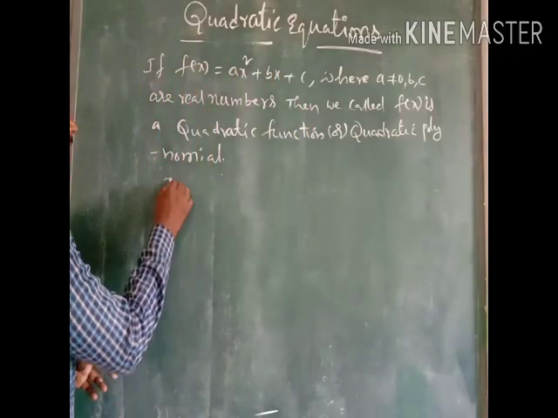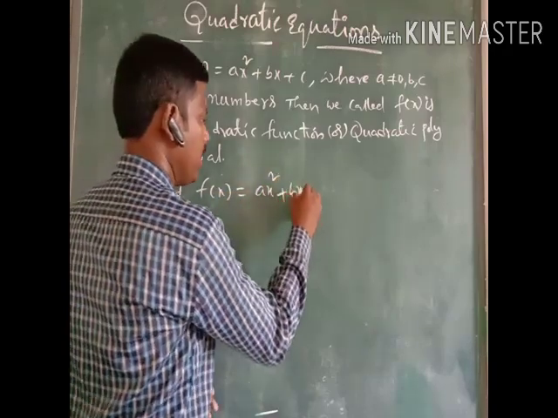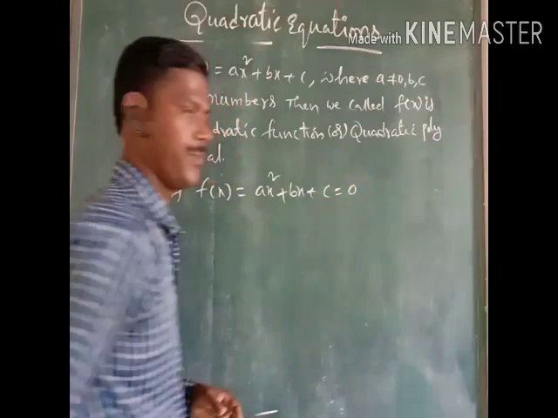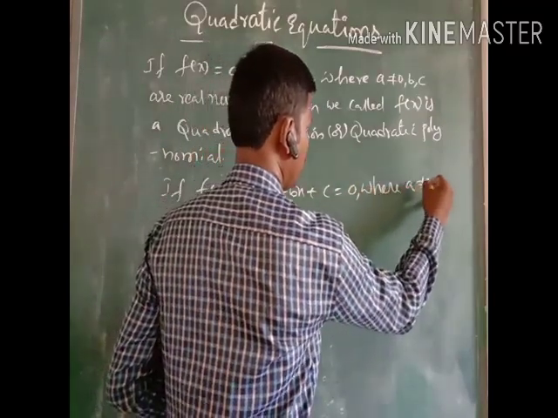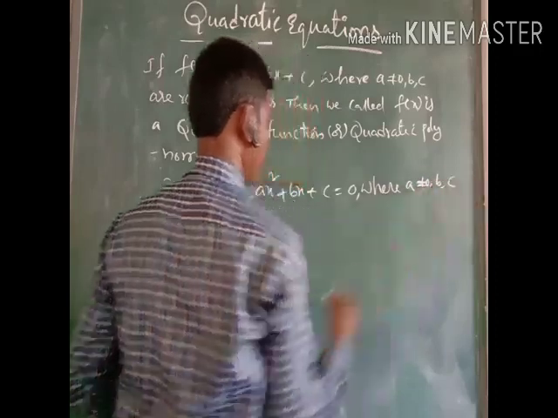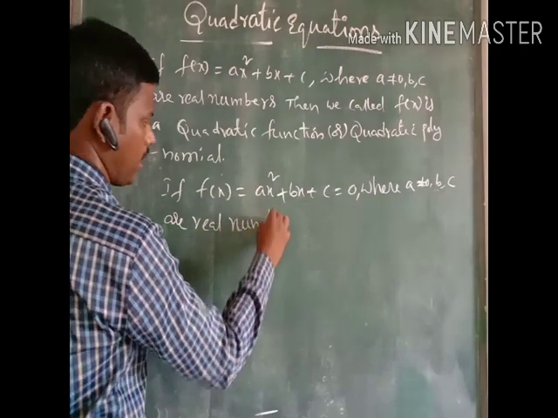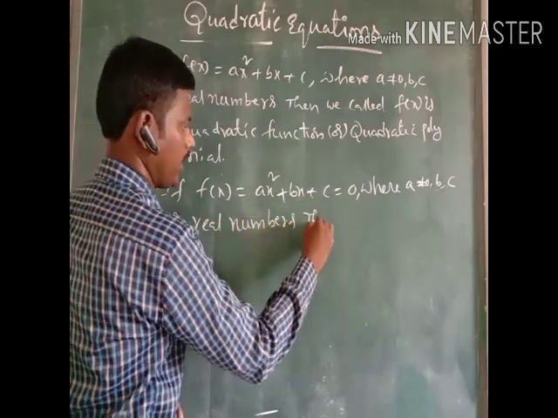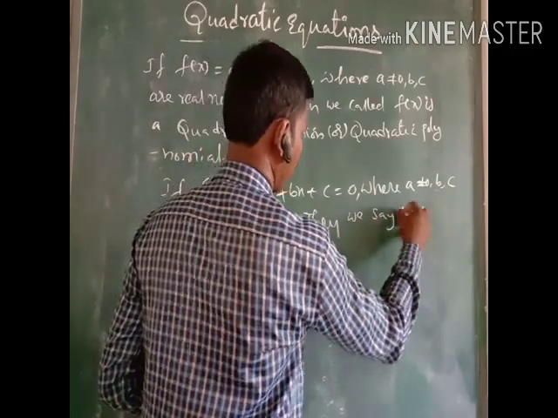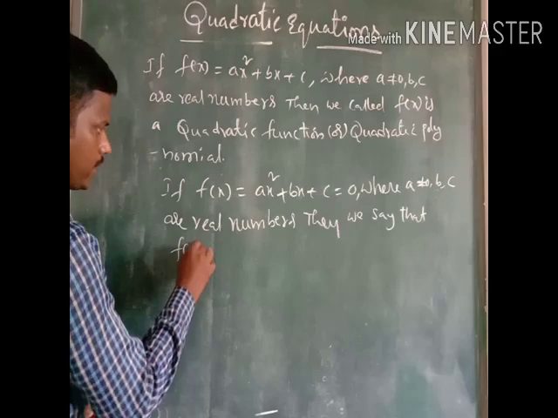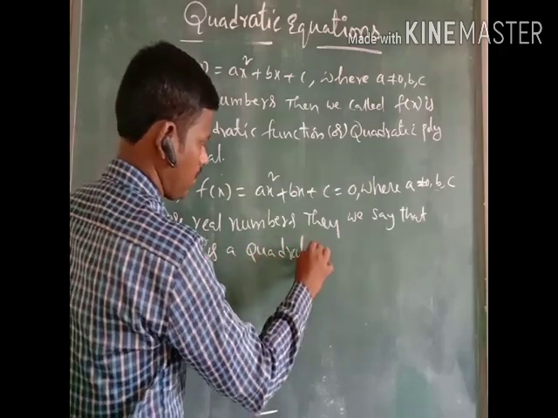If f of x equals ax square plus bx plus c equals 0, where a is not equal to 0, and b, c are real numbers or constants, then we say that f of x is a quadratic equation.